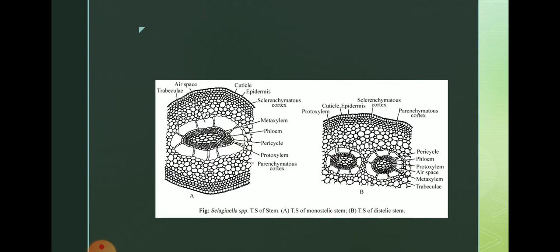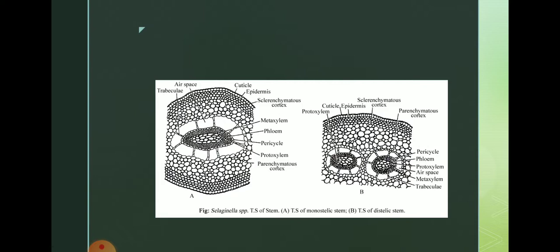The Casparian strips on the radial wall are the characteristic of endodermal cells. Xerophytic species lack trabeculae, like Selaginella lepidophylla and Selaginella rupestris. Pericycle is single layered, surrounding xylem and phloem, and is followed by endodermis.